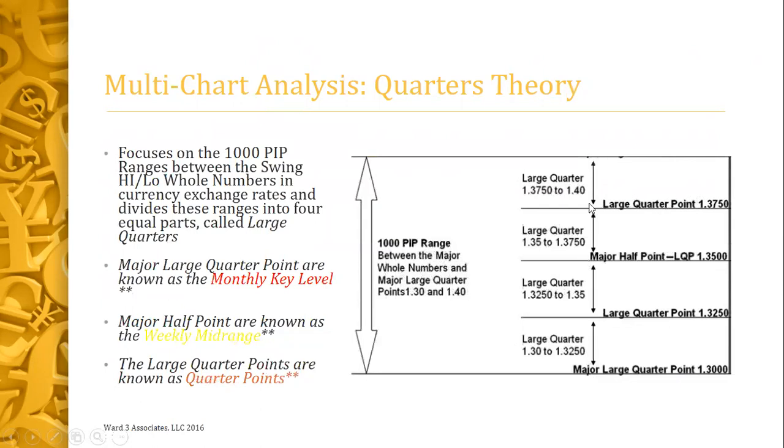So from this low to this high is 1,000, and then we cut that 1,000 in half right here, and that makes it 500. As you see, it went from $1.30, $1.35, and this was $1.40. And this major half point is our weekly mid-range.